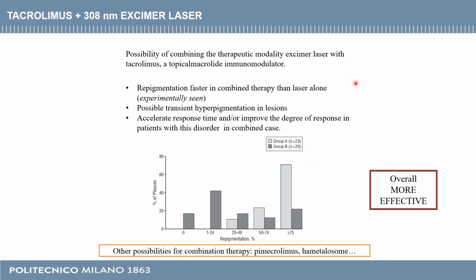Moreover, it was stated that a tacrolimus concentration of 0.1% was more effective with respect to a 0.03% concentration. The advantages of the combined therapy come in terms of time response, of rate of repigmentation, and also of quality of the reaction to the therapy.